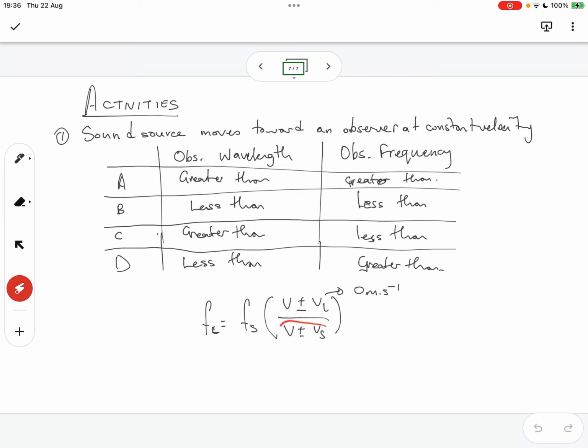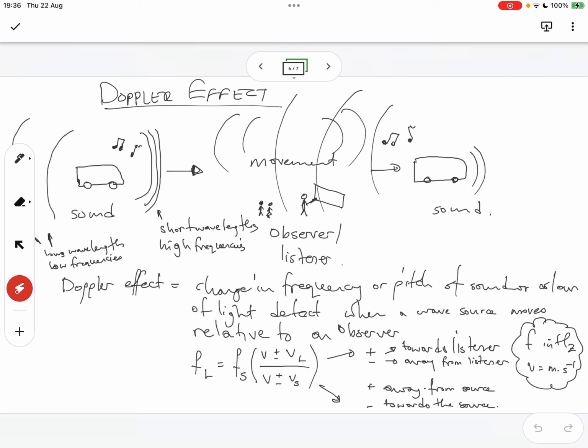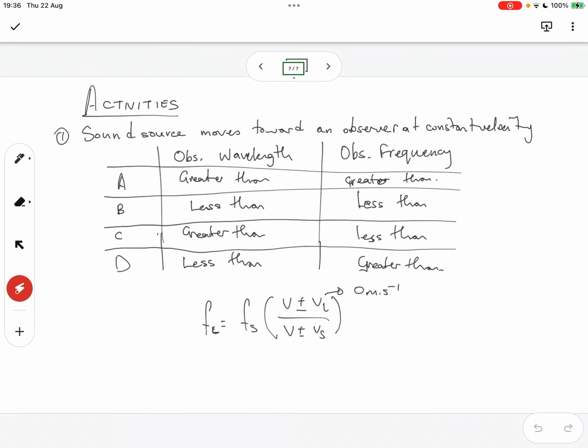Or past the observer. And with regard to the source, positive is away from the source, and negative is toward the source. No, towards the listener.